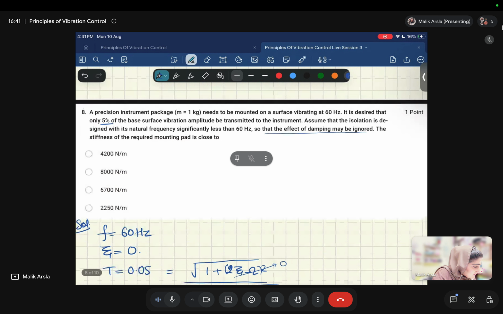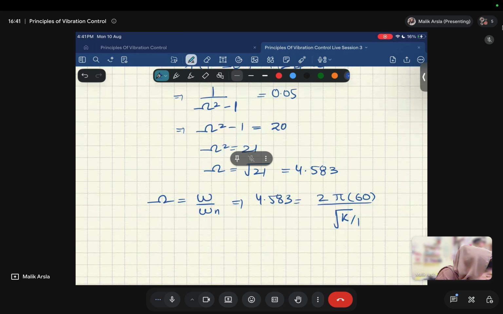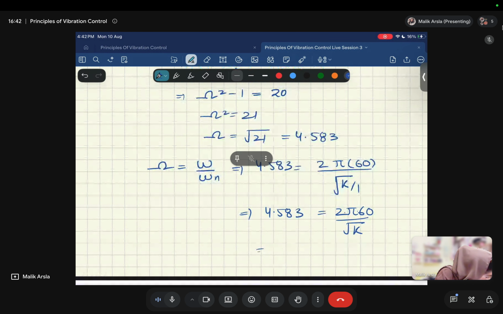So m here is given as 1 kg, so I'll just put it as 1. So it will imply that 4.583 is equal to 2 pi 60 upon under root of k, and k is equal to (2 pi 60 upon 4.583) whole square. Can you find the value of this?